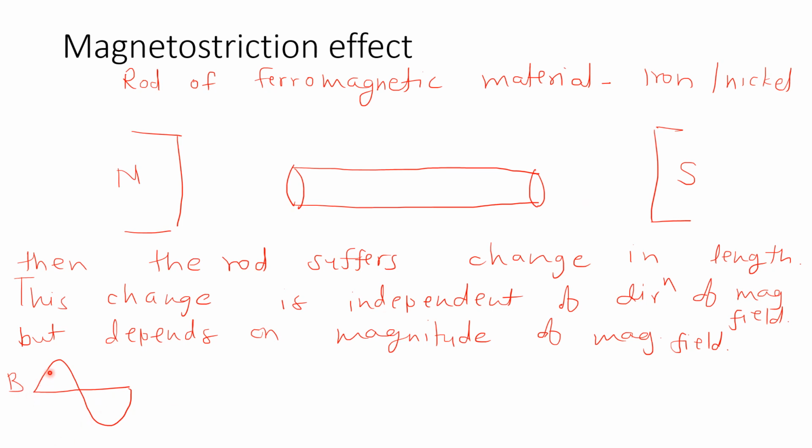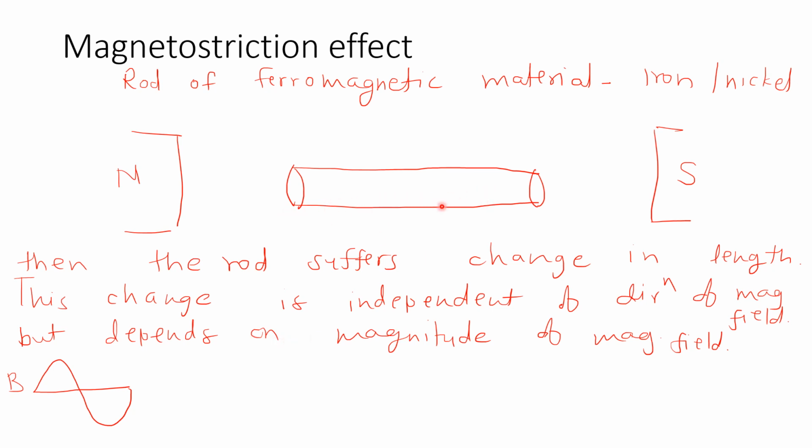In this direction, it will suffer expansion, then in this region, it will suffer contraction. Again expansion and contraction, and so on. Thus, this results in the setting up of vibrations in the rod.